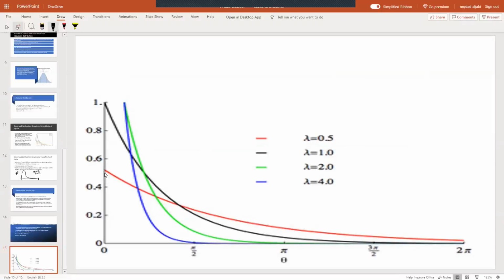As you can see in the red line, it's still not touching the x-axis. The black line is the same, but the blue line and the green line are going to reach zero faster after the maximum.